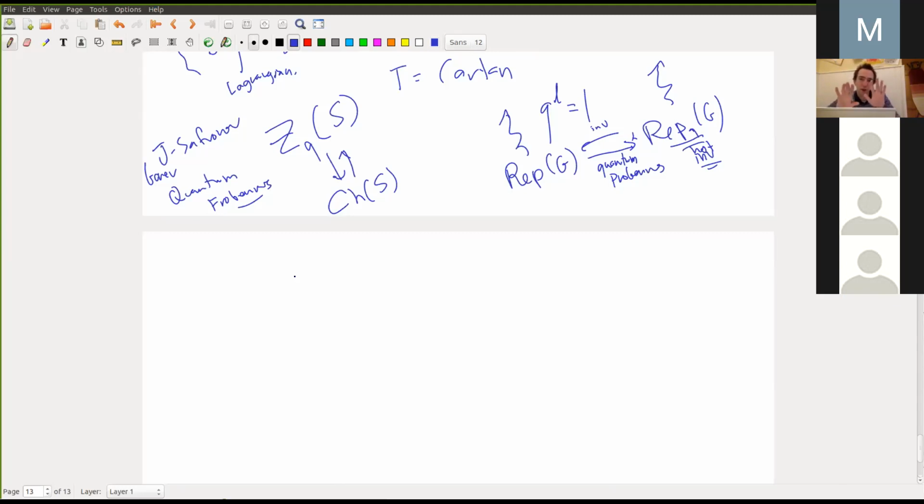So at the category level, the relationship should be coming from the geometric Langlands program. The quasi-coherent sheaves on this side are the derived bounded category on the stack side.